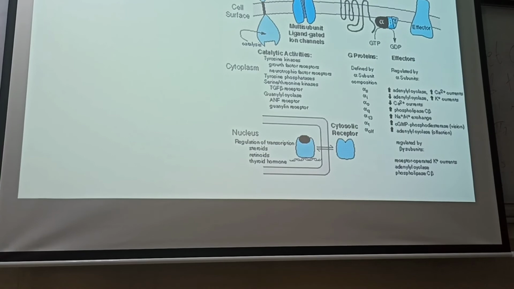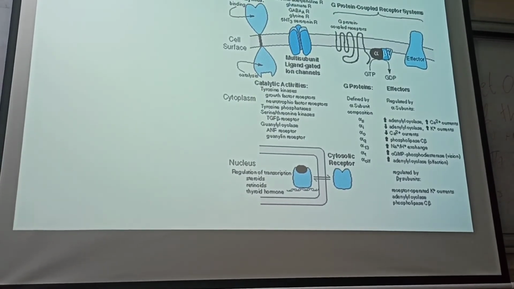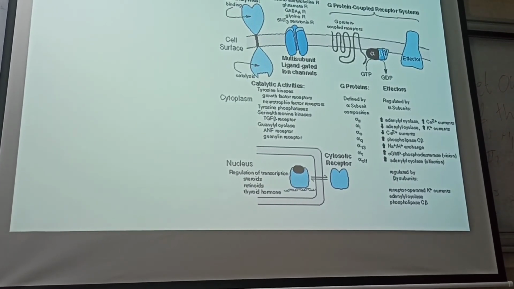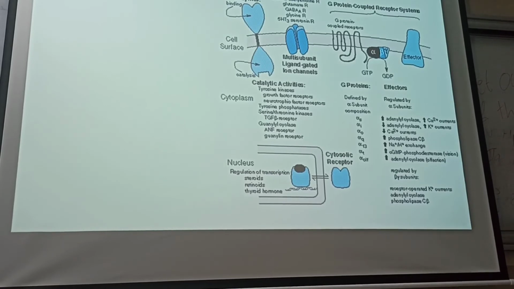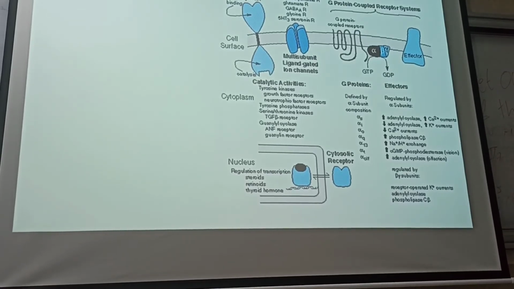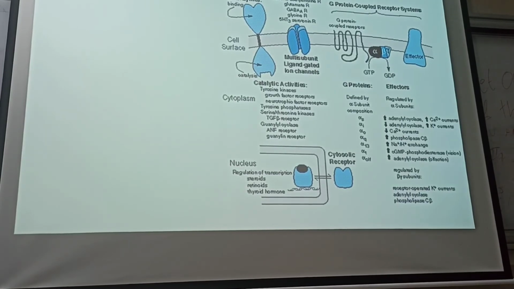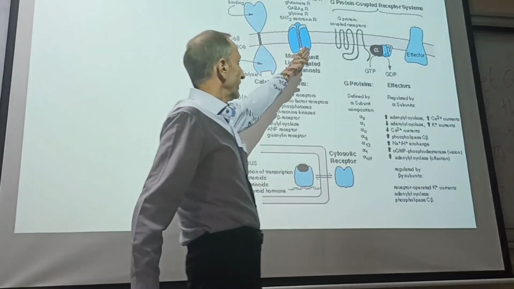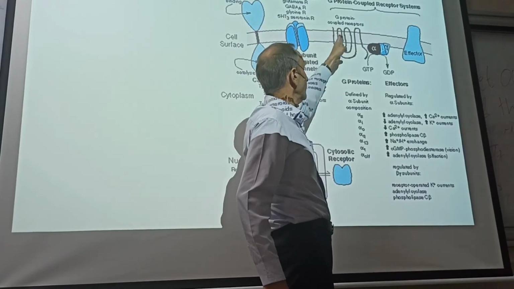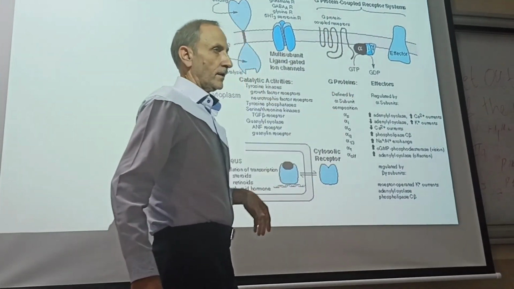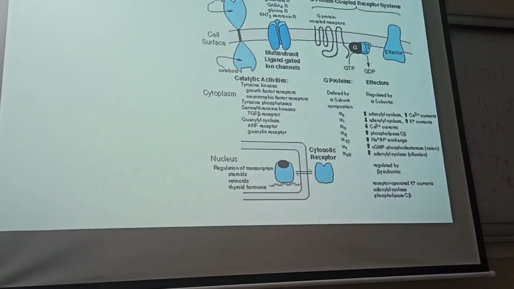GPCR. G protein coupled receptors. In GPCR, we have receptors that pass through the membrane 7 times.